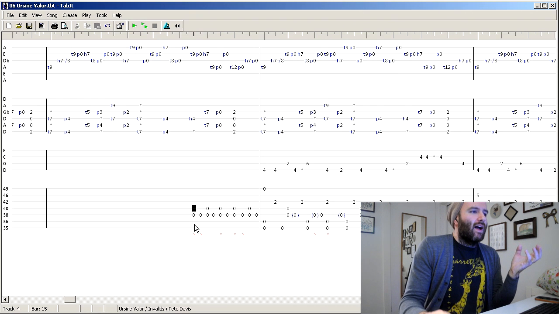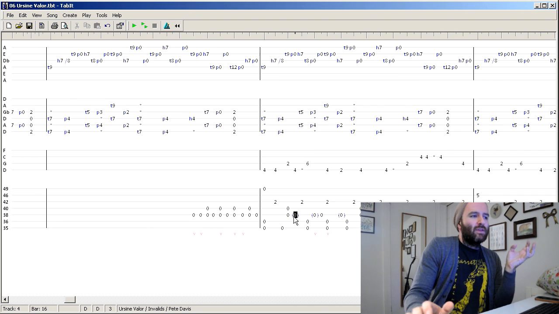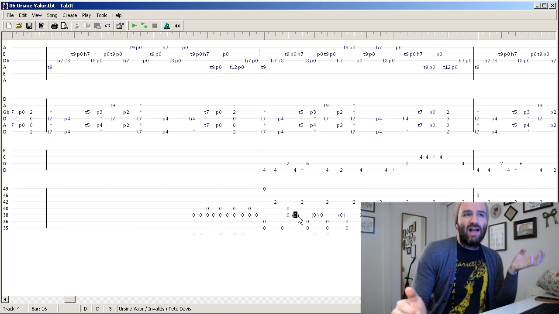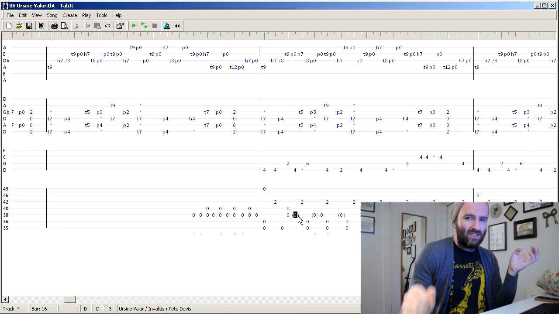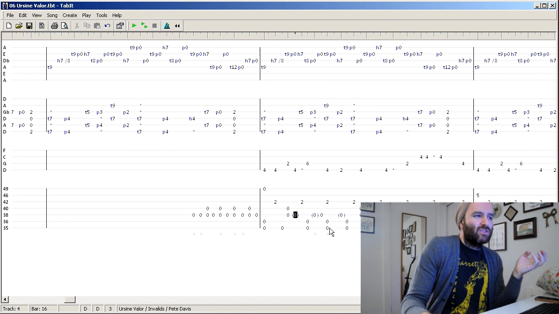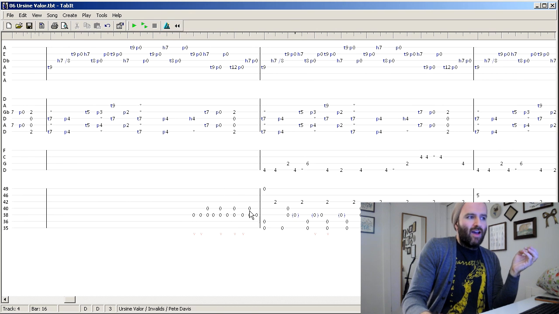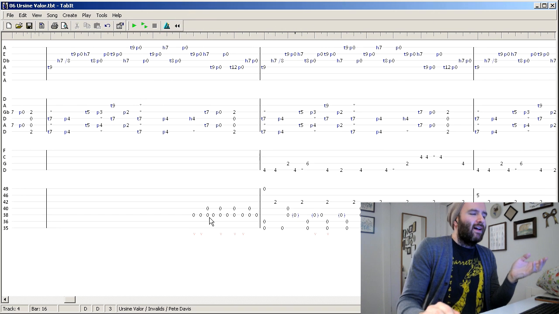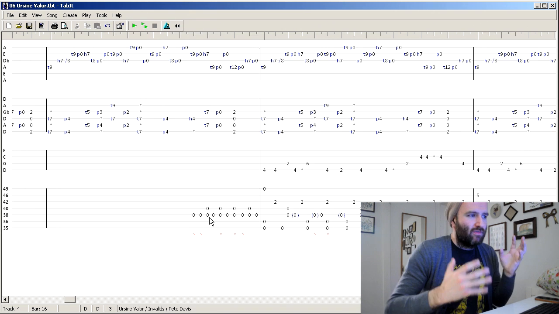Within Tabit, there's also the functionality of using parentheses, which decreases the velocity of that specific note by 10 units, so that makes it softer. You can use a combination of doubling up and using these parentheses to really get some good grooves and change your fills to highlight things.